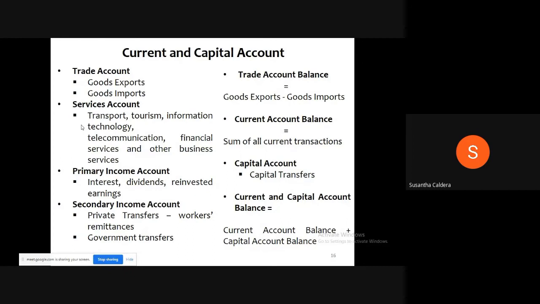Secondary income accounts: private transfers. Private transfers include worker remittances. Worker remittances are very, very important. And government transfers. Just go through it and see.